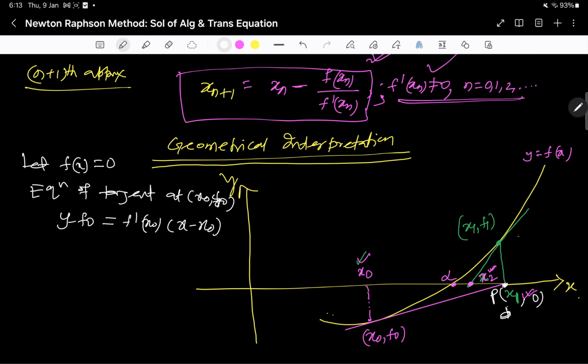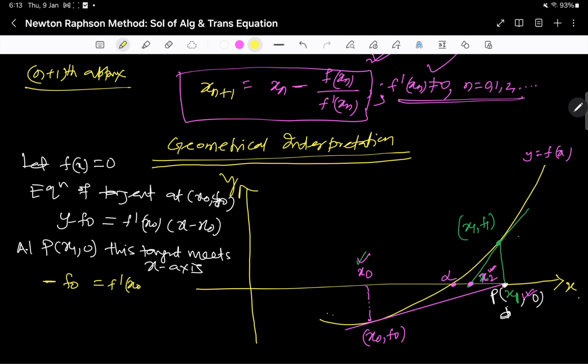So at p, this tangent meets the x-axis, which means here y is equal to 0, right? So here minus f(x0) is f dash x0 into x minus x0, right? So this point is my x1.